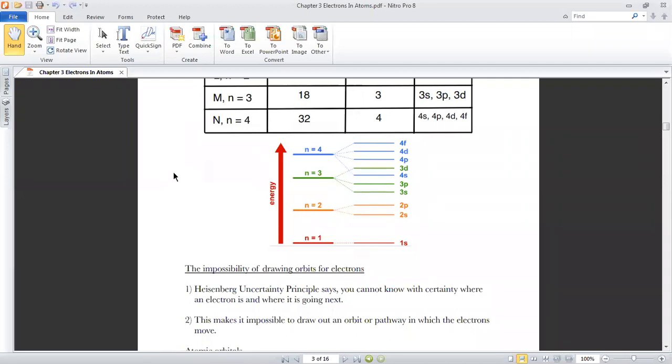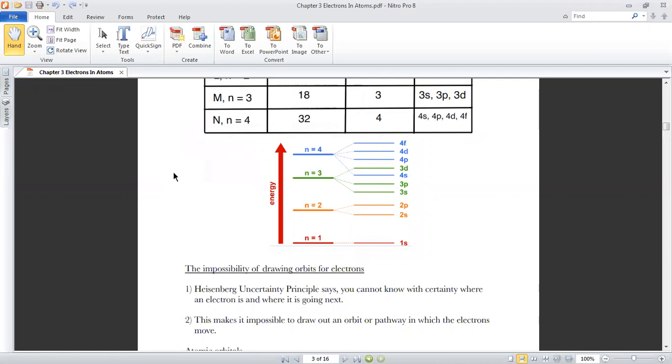So when we go to the third shell, it has 3s, 3p, and 3d, which is marked with the green color. And according to the Aufbau principle, 3s has lower energy, 3p has higher energy, and then 3d is quite higher energy.